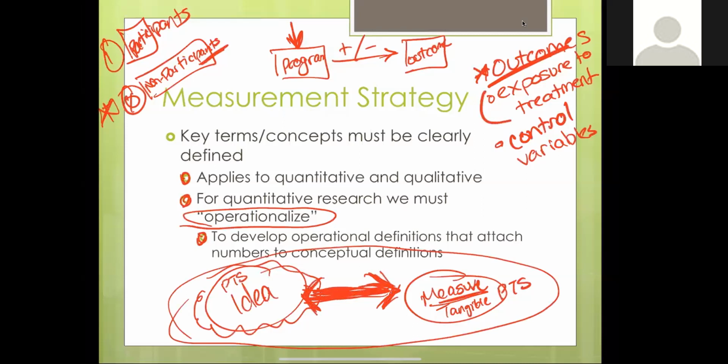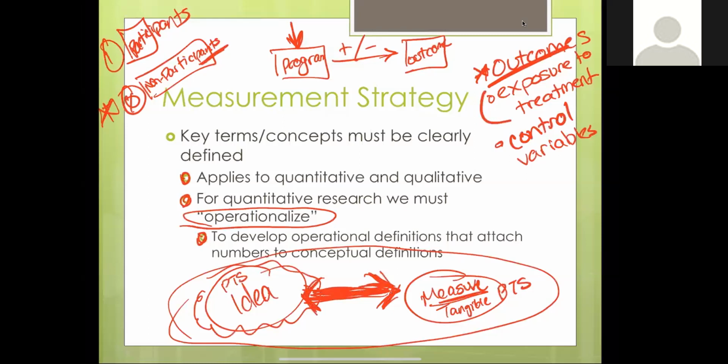Because if I asked a question that said on a scale of 1 to 5, tell me how nervous you feel every day, and I said, well, that's measuring post-traumatic stress, I'm most likely measuring nervousness. Nervousness might be a symptom of post-traumatic stress, but so are many other things that I'm ignoring, right?